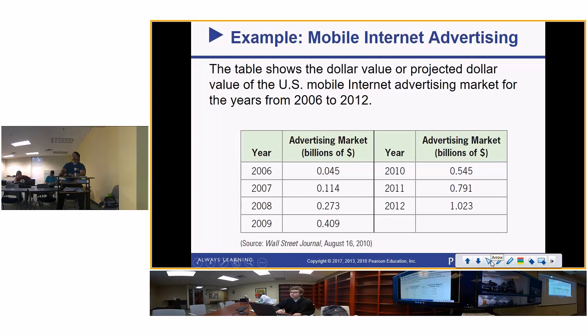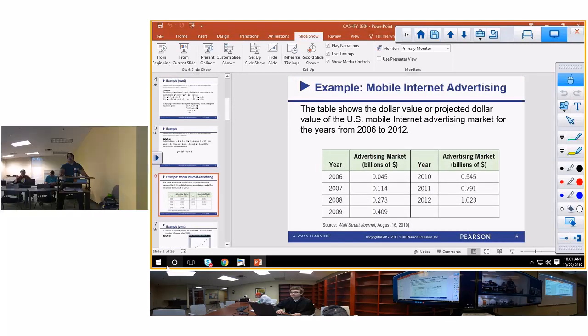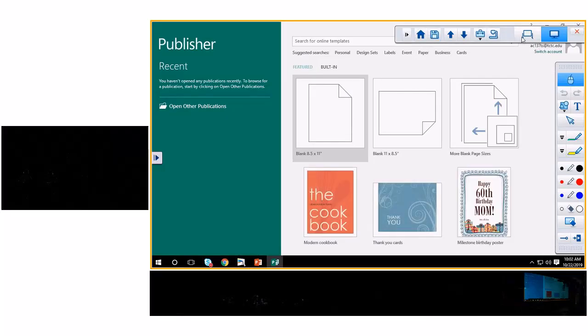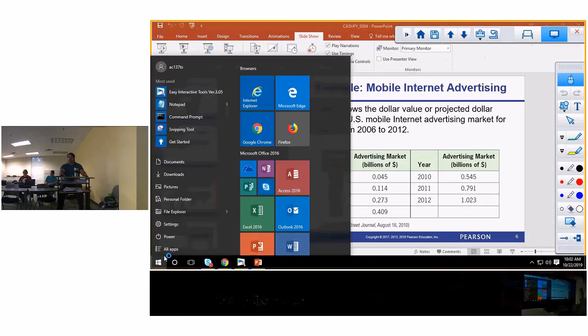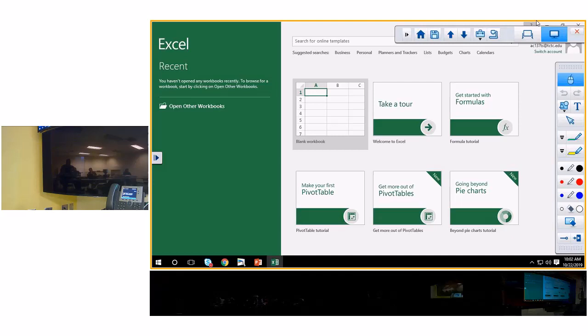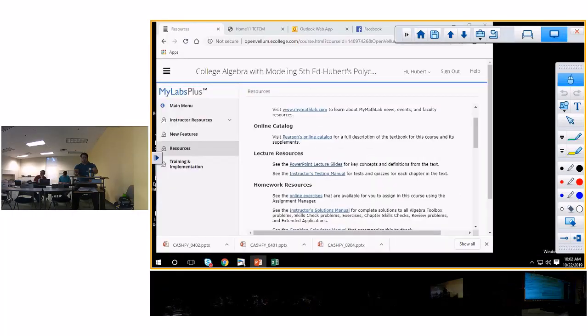Well, what I could do, I could pull up the Excel spreadsheet. I'm going to try something here, guys. I did that last time, I believe. Okay, there we go.